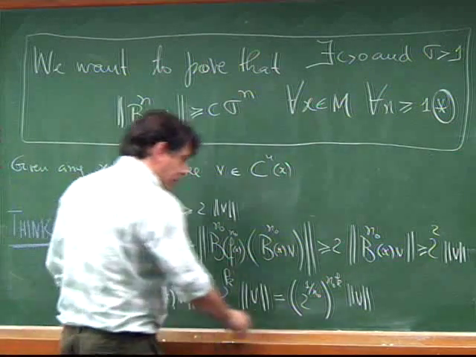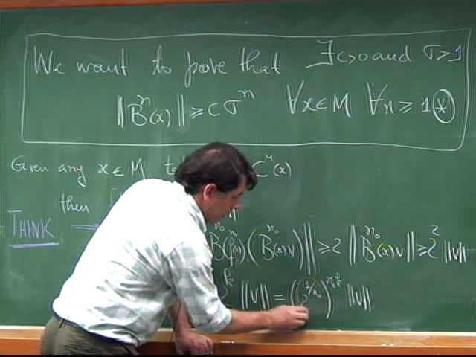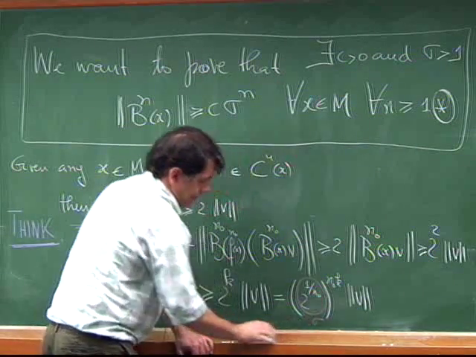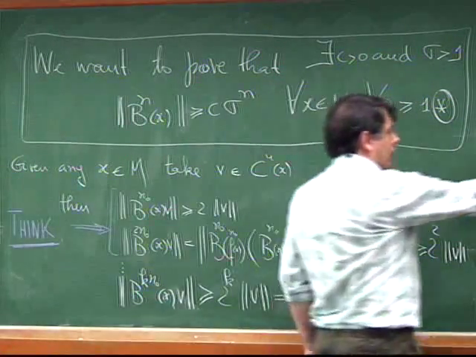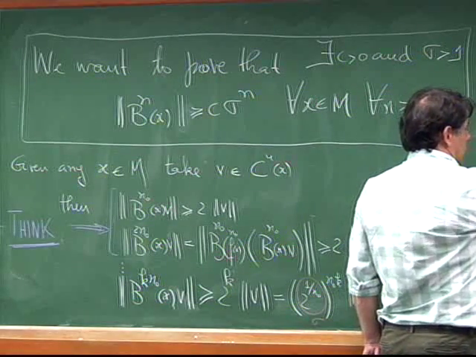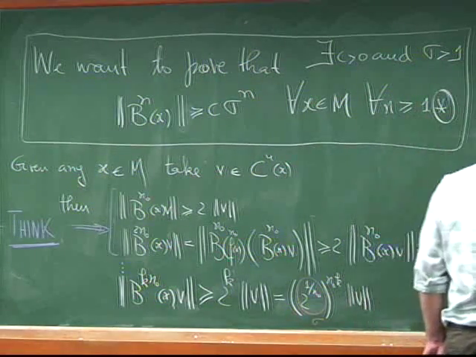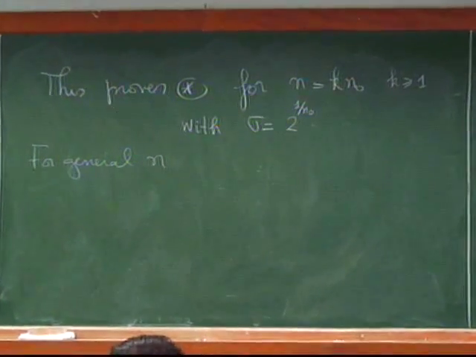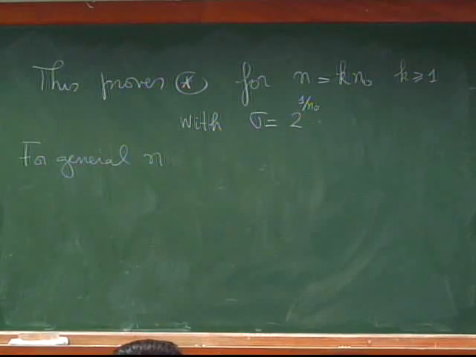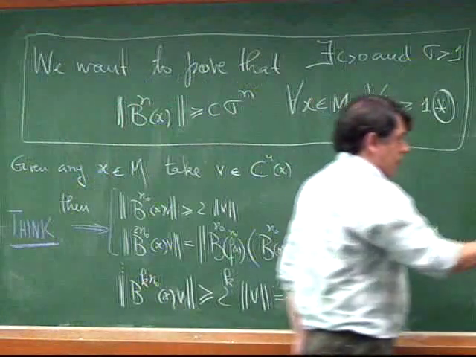And my constant sigma that I was able to obtain was this one. Okay? In general, for general n, this is very common in hyperbolic dynamics. Once you've proven it for multiples of a given number, in general you just divide.